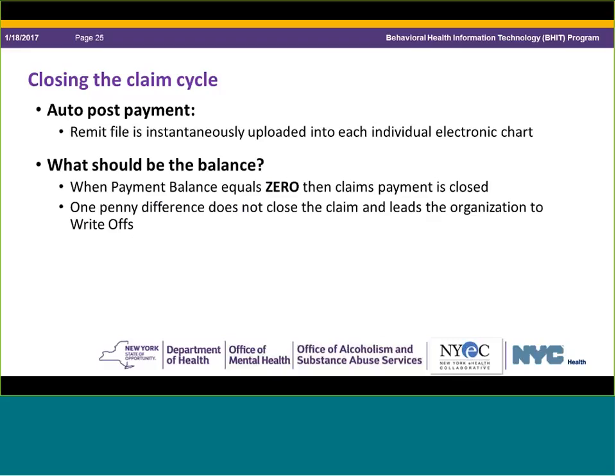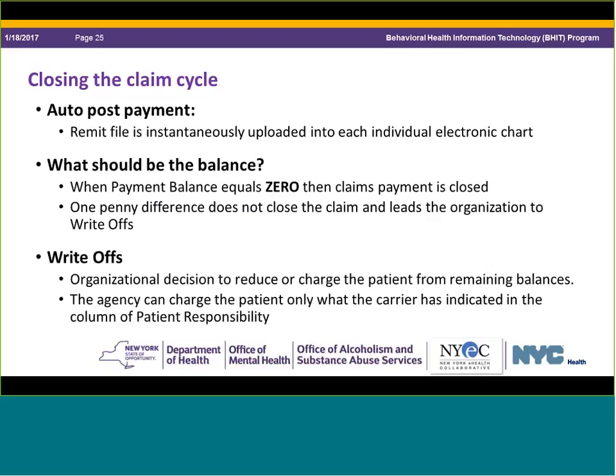Sometimes you'll get shorted a penny, and then that account will remain open. What do you do then? Well, you leave it open, or you get it off the AR, the accounts receivable, with a write-off. You write off the penny. It's uncollectible. It's an organizational decision to reduce the charges.